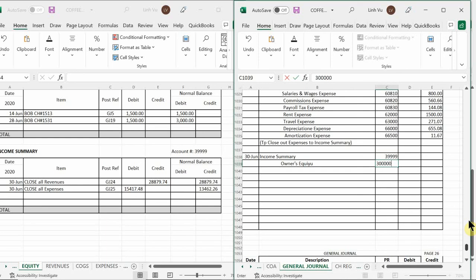And equity is account number 30,000, right? So you're going to be closing it out by 13,462.26. Okay, oh, typo again. 13,462.26.